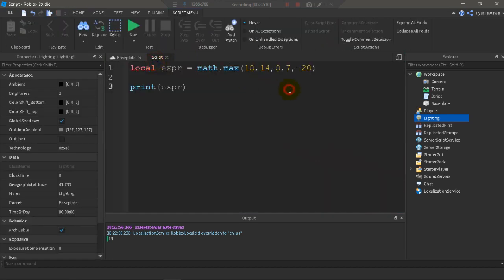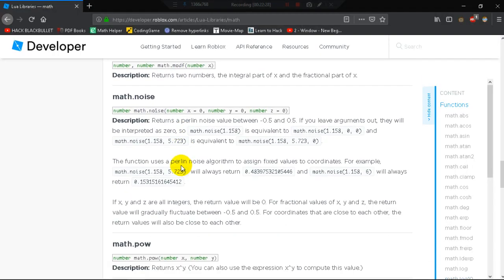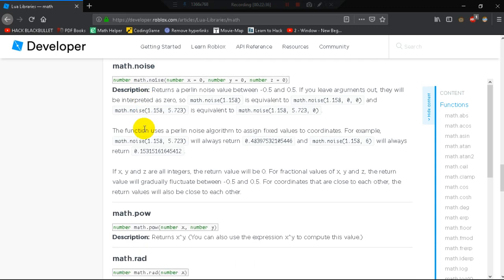So math.min and math.max have a lot of cool examples, they're very powerful. So anyway, next we have math.noise. That's a little bit complicated topic. We're going to cover it in the next video.